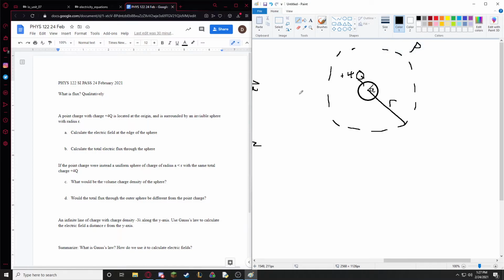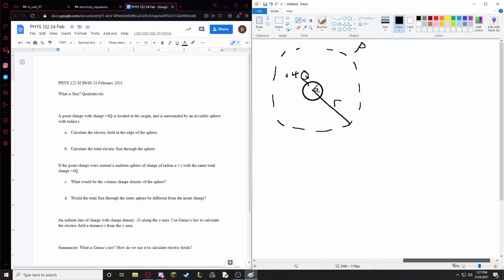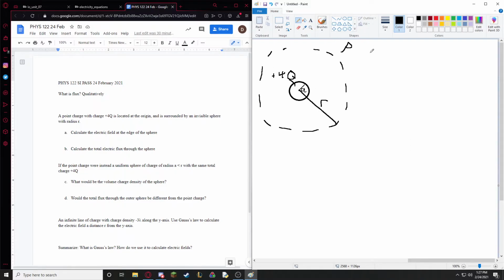All right, so how do we go ahead and actually calculate a volume charge density if we know it's a sphere, we're given the radius of the sphere, and we know the total charge? How do we get our volume charge density rho?